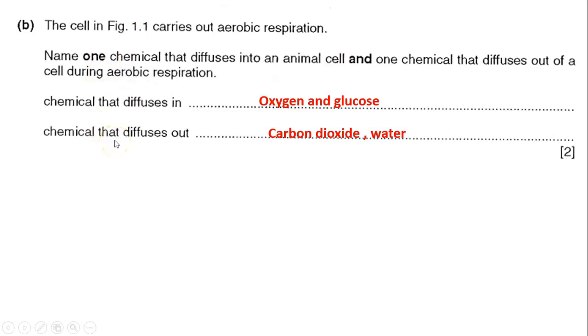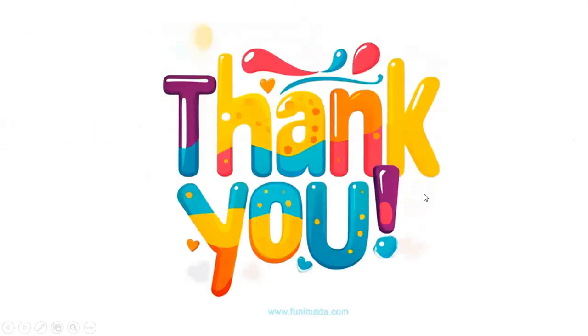Name one chemical that diffuses into an animal cell and one chemical that diffuses out of the cell during aerobic respiration. So what diffuses in? You can say oxygen or glucose, this or that. And for the chemical that diffuses out, you can say, of course, carbon dioxide or water.